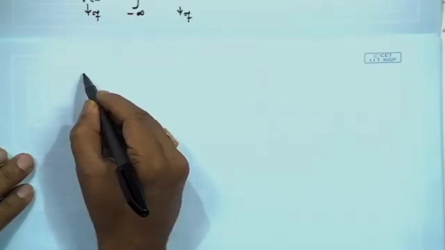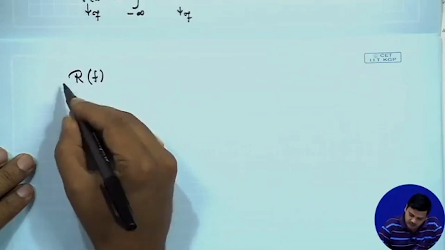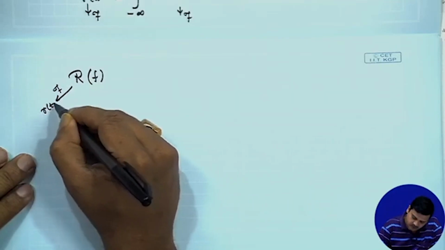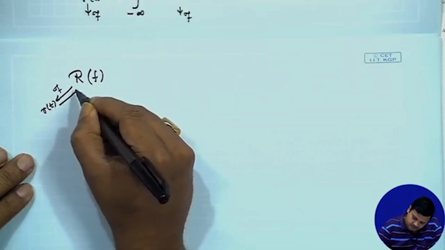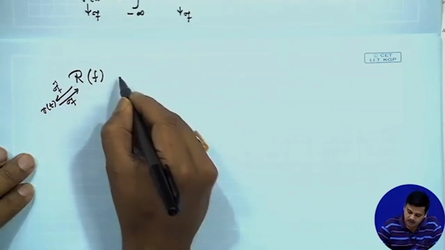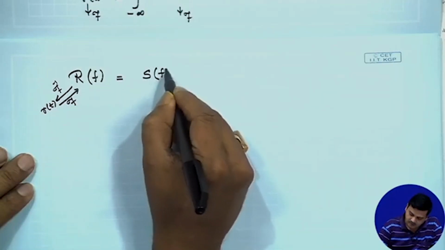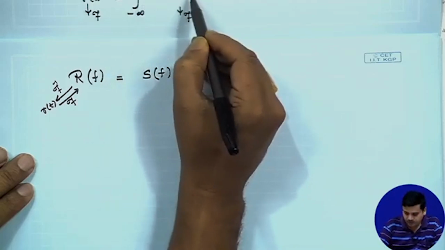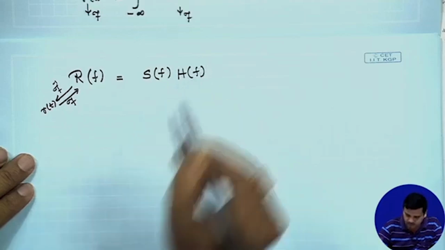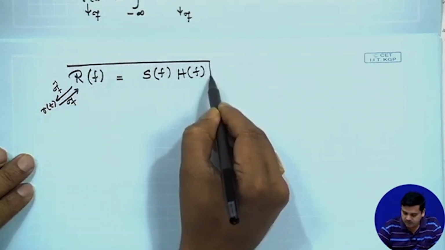So, if we go to the frequency domain, we will have R of f, where R of f is the Fourier transform of r of t. Okay, R of f is equal to S of f times H of f, because a convolution in the time domain becomes a multiplication in the frequency domain, right. So, we have this relationship in the frequency domain.